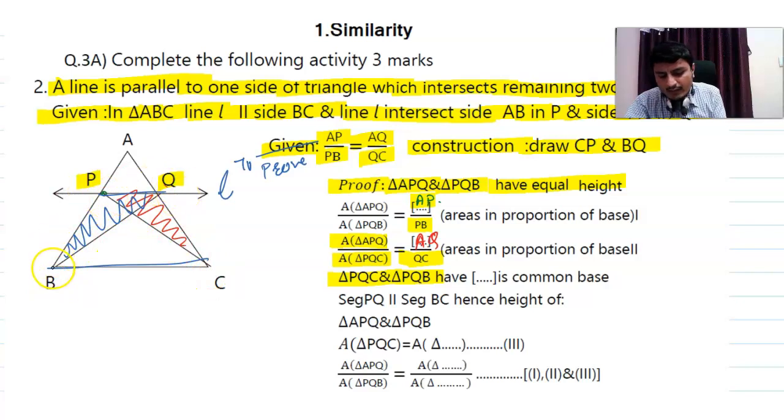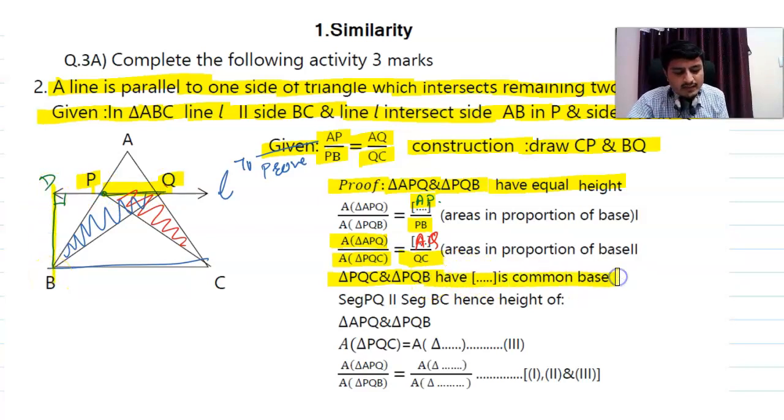Now draw the perpendicular from point B on the extended QP, and call it BD. BD is the height of both triangles, because the distance between parallel lines, that is the perpendicular distance, is constant everywhere. So those two triangles have the same base PQ and the same height BD.